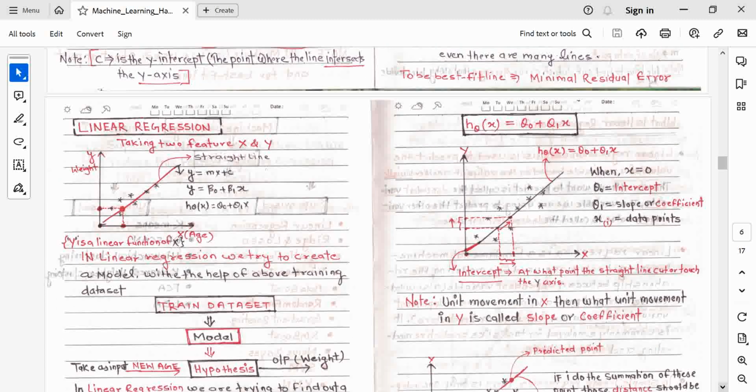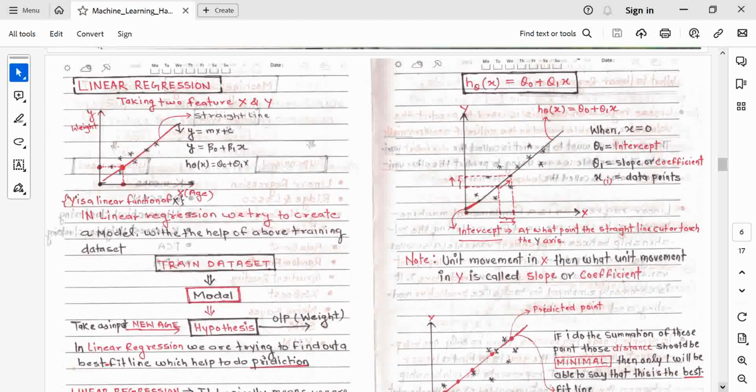Now take an example in linear regression. Take two features, x and y. Here we have weights which represent y, and the x-axis represents age, and we draw a straight line, that is y equals mx plus c. We already know a straight line is denoted as y equals mx plus c, where y is our output value, the dependent variable, m is the slope, x is the independent variable, plus c.